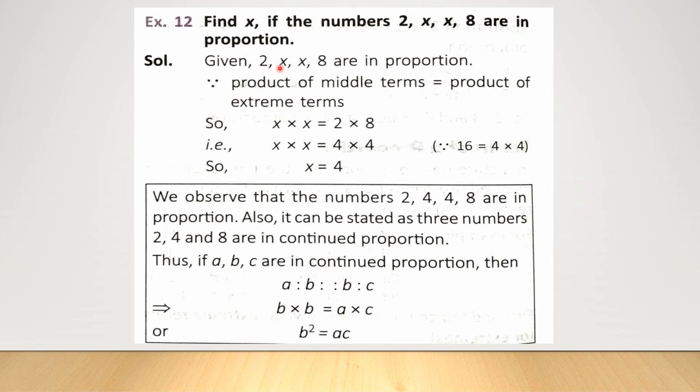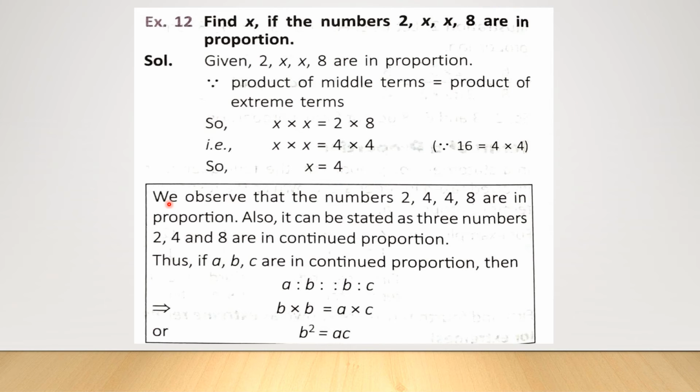The middle terms are x and x, so x into x is equal to 2 into 8, the extreme terms. 2 into 8 is 16, and 16 can be written as 4 into 4. So x is equal to 4.